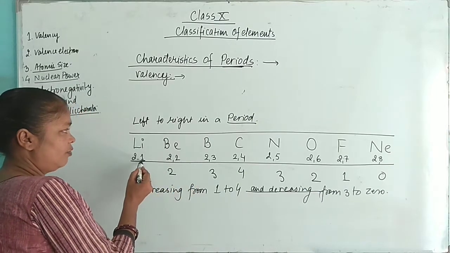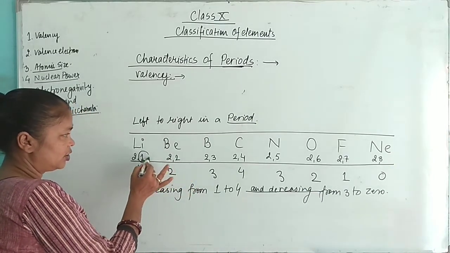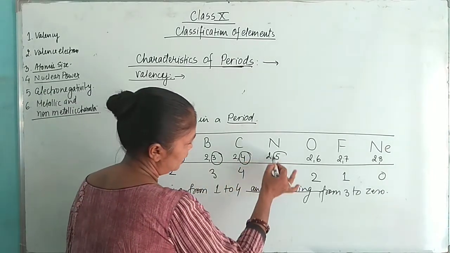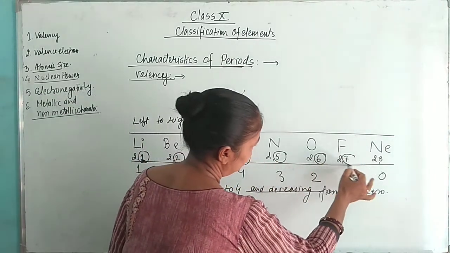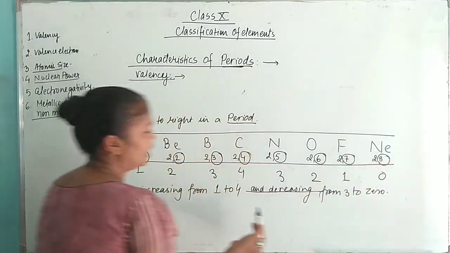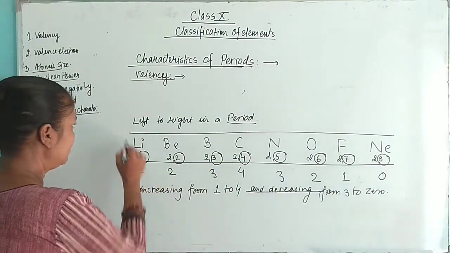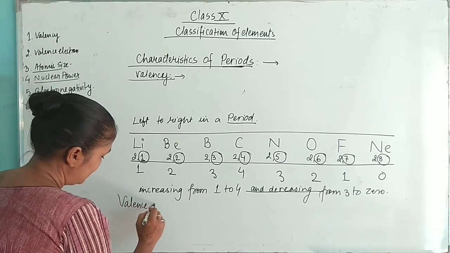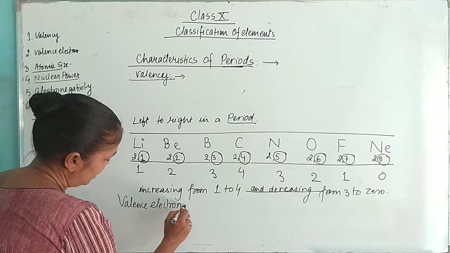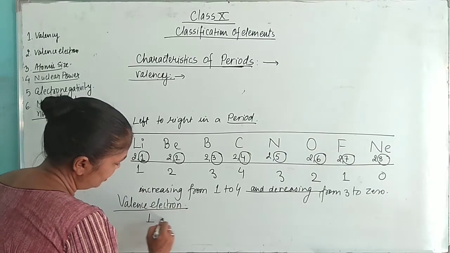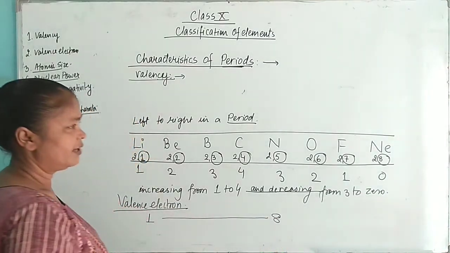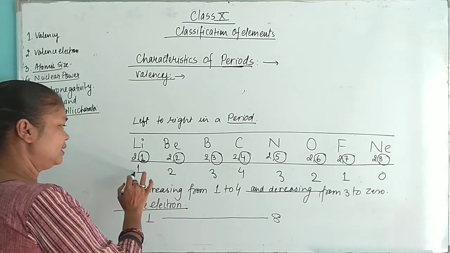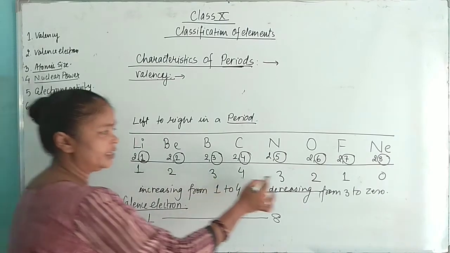As we are moving from left to right, the valence electron is increasing, gradually increasing from 1 to 8. Then we see what is increasing. Valence electron is increasing from 1 to 8, and the valency is increasing from 1 to 4 and decreasing from 3 to 0.